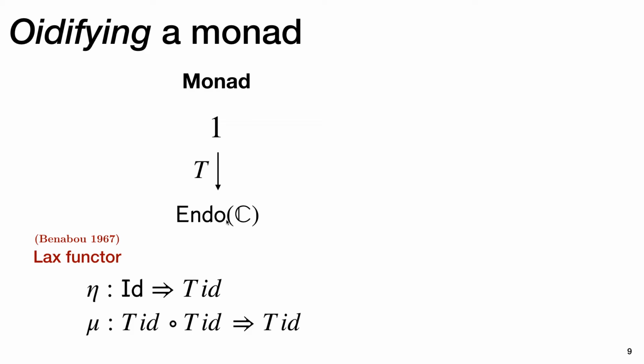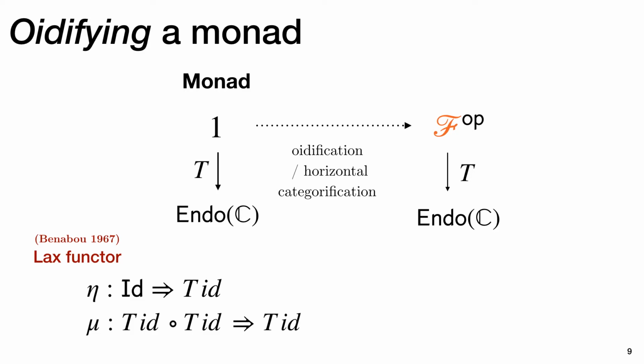And then to this we can apply a generalization tactic from the literature, which is called oidification, or alternatively horizontal categorification. Both beautiful phrases. What this means is to stare at your category theory definition, find something that involves a single object category, and generalize that to any multi-object category.